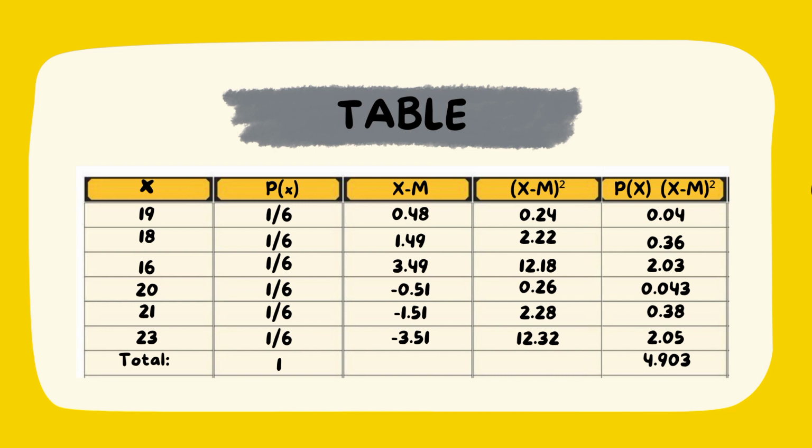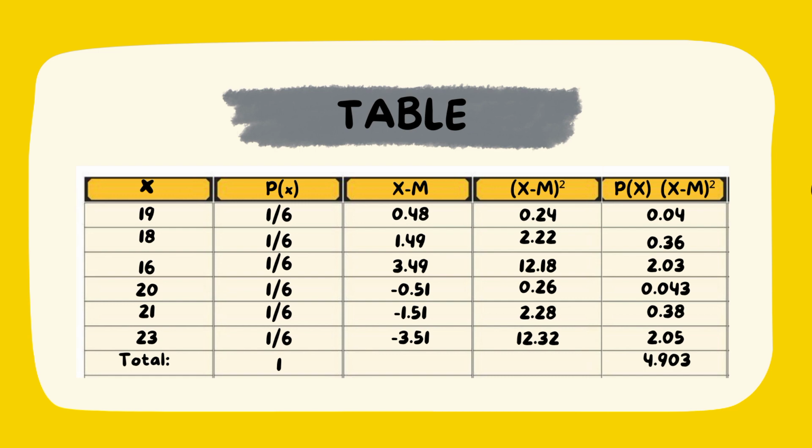And 1 over 6 times 2.28 is 0.38. 1 over 6 times 12.32 is 2.05.